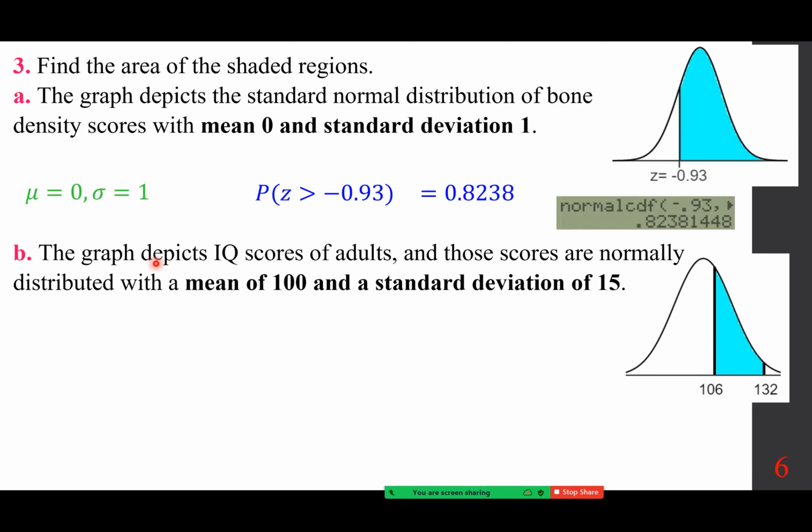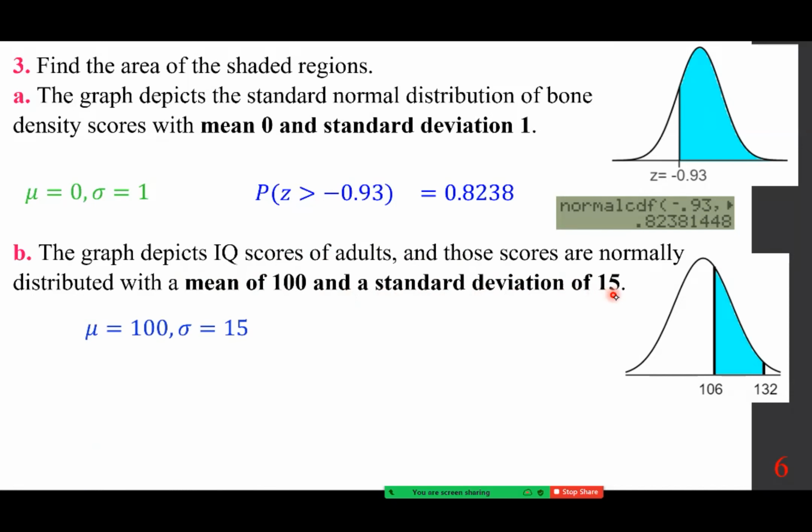The graph depicts IQ scores of adults, and those scores are normally distributed with a mean of 100 and a standard deviation of 15. So it's important to immediately write the given information. Mu is 100, my apologies, the mean, mu is 100, and standard deviation or sigma is 15.